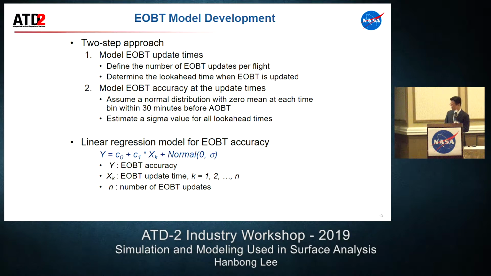From this approach, we developed a linear regression model for the UVT accuracy, like this formula. So y shows the UVT accuracy, and xk shows the UVT update time with the number of UVT updates. And we also put the sigma value to represent the distribution of the UVT accuracy at each point.